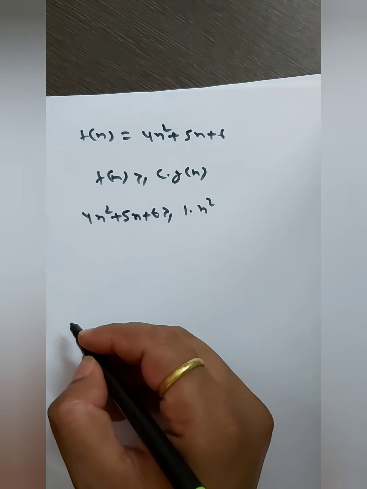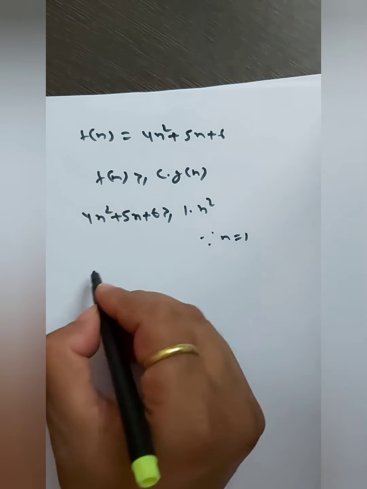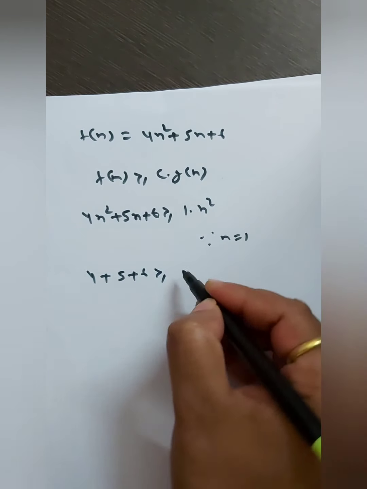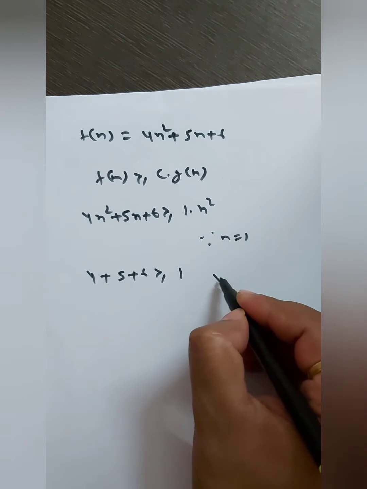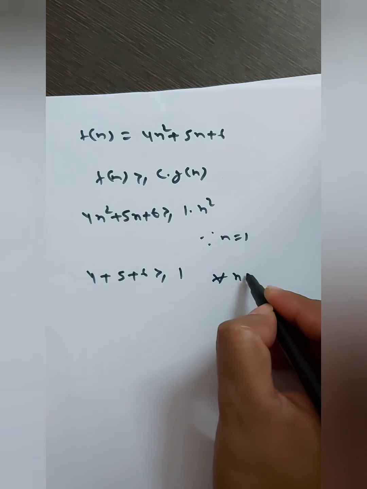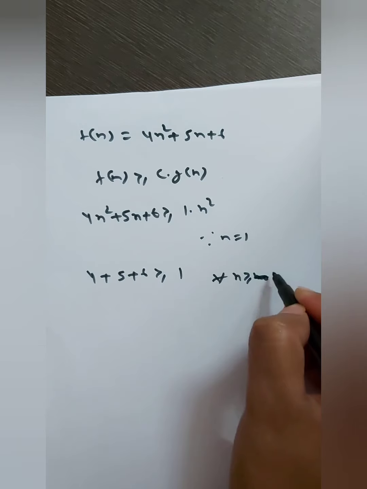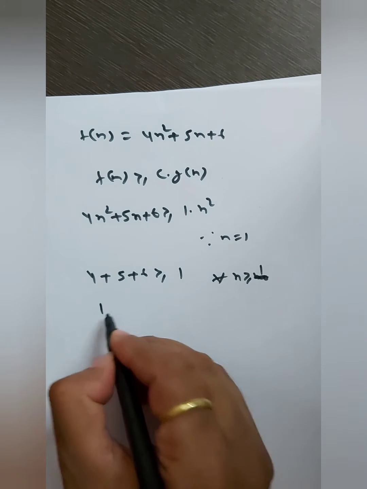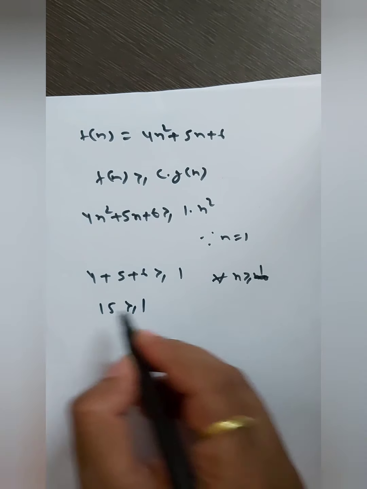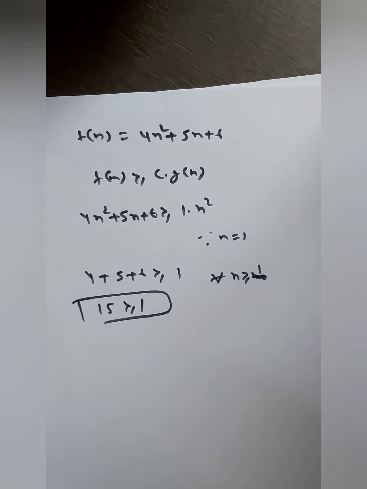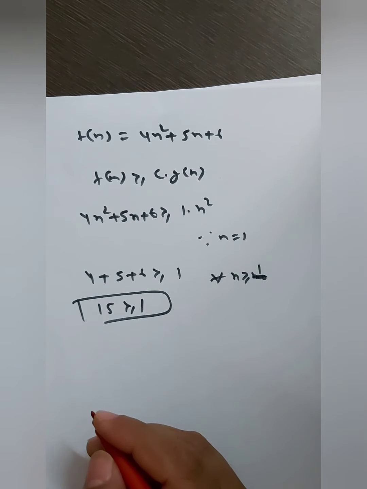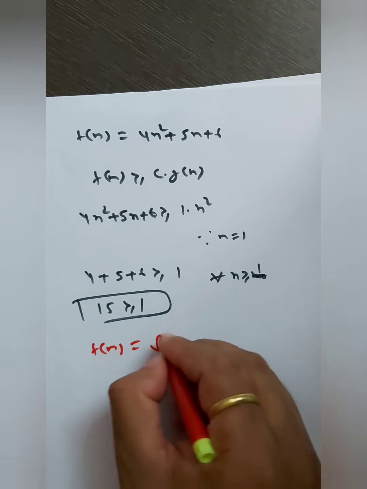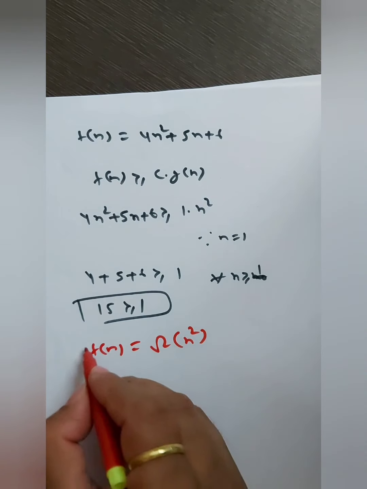If you assign n = 1 for checking purposes, then 4 plus 5 plus 6 is greater than or equal to 1, for all n greater than or equal to n naught, meaning n naught is equal to 1. So 6 plus 5 is 11, plus 4 is 15, which is greater than or equal to 1. Here the condition is satisfied, so we should write here f(n) is equal to omega of n square.